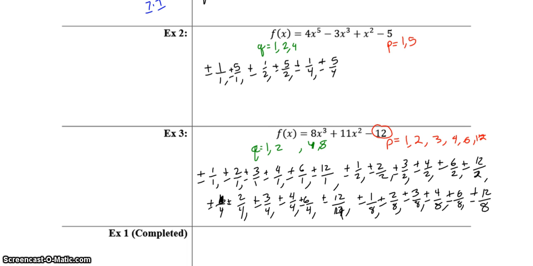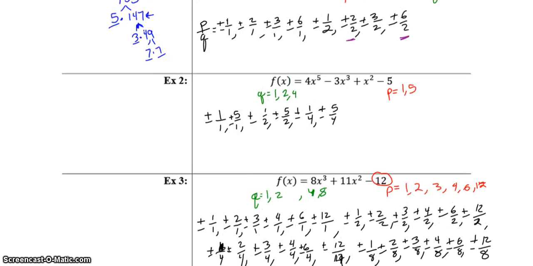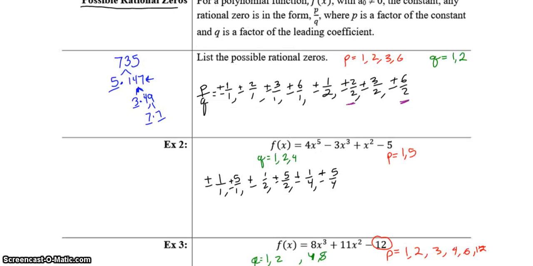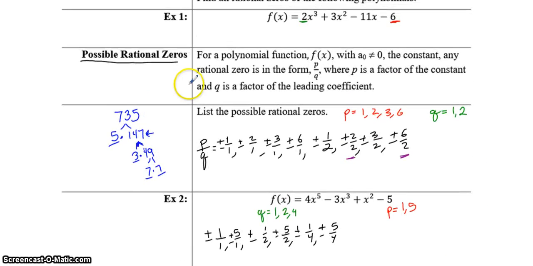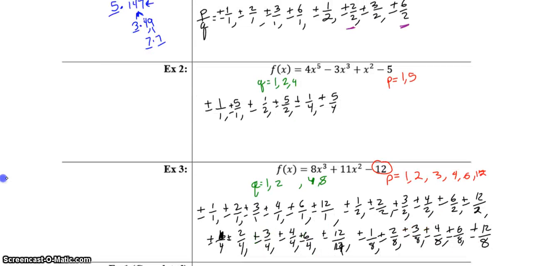Alrighty, so let's go back to the original question and example 1, going way back up here. What are the zeros? Well, we're going to try these numbers. I'm going to relist them again down here off to the side.